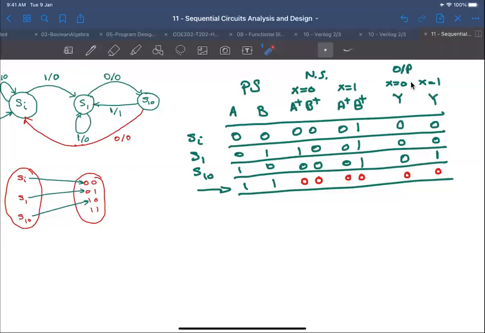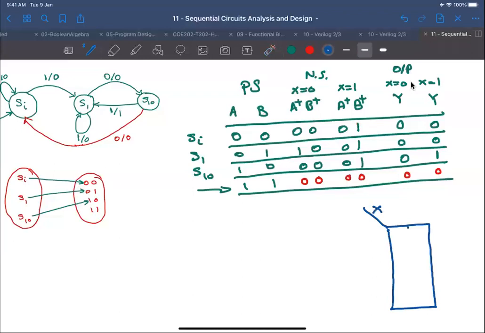So I have to have a 3-input K-map, but I want my K-map to match the shape of, for example, the output and the next state functions. So I want my K-map to be like this. This is my X now.